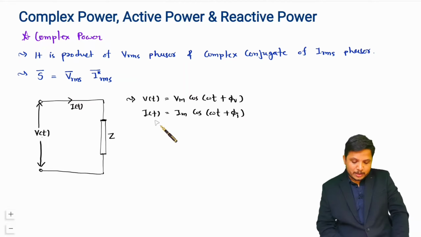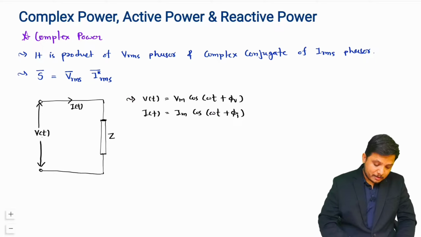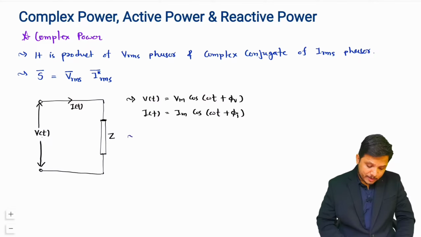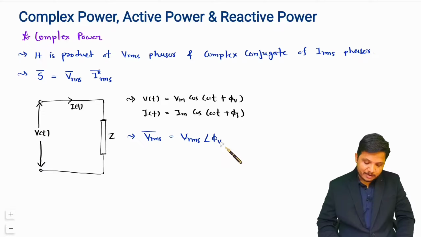Now let us represent v of t and i of t in terms of Vrms phasor and Irms phasor. Vrms phasor will have magnitude Vrms, which is Vm by root 2, and phase of v of t, that is angle phi v.